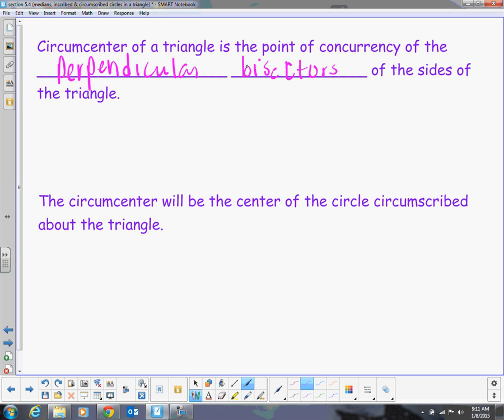Circumcenter, perpendicular bisectors. You need to be able to associate those two. The circumcenter is going to be the center of our circle, and now the circle is going to go outside the triangle. You're going to like this construction better because it doesn't require that you have an altitude. All we need are perpendicular bisectors.